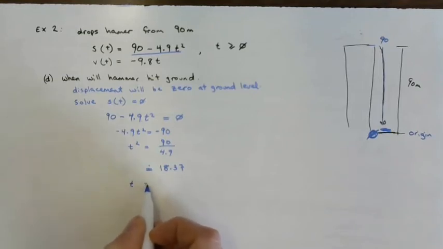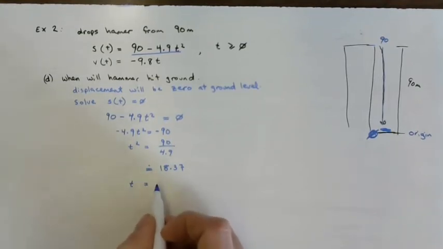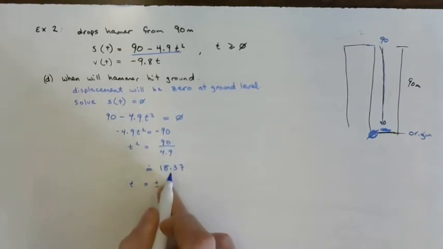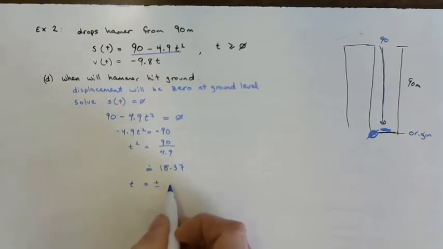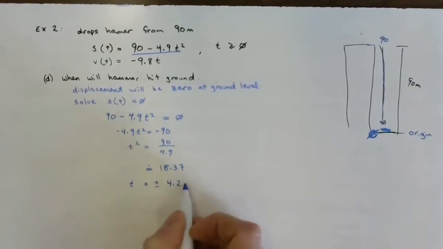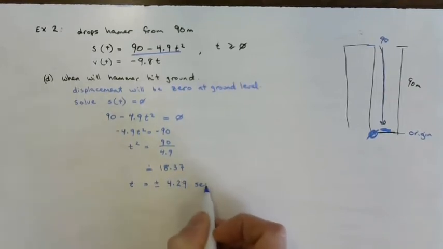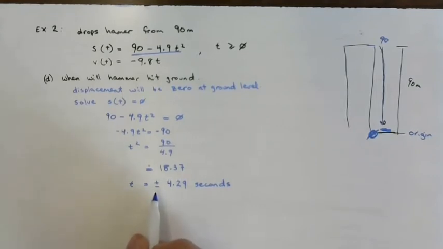So in order to find the time that it takes to hit the ground, we need to take the square root of that, which results in 2 possible answers, because the square root can be positive or negative. That happens at plus or minus 4.29 seconds. One of these answers we can reject, because we know that t is greater than or equal to 0.